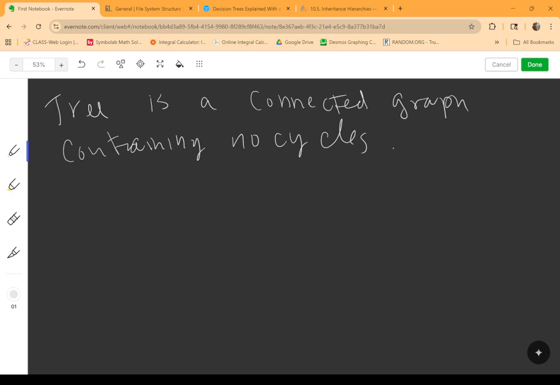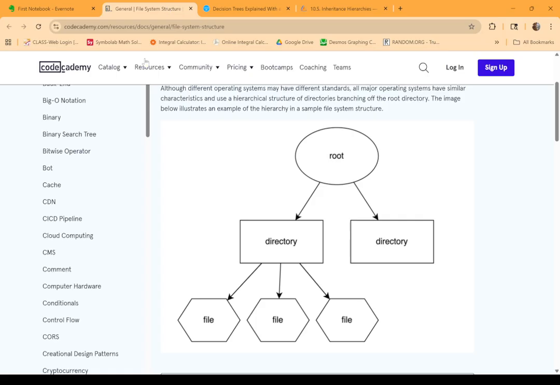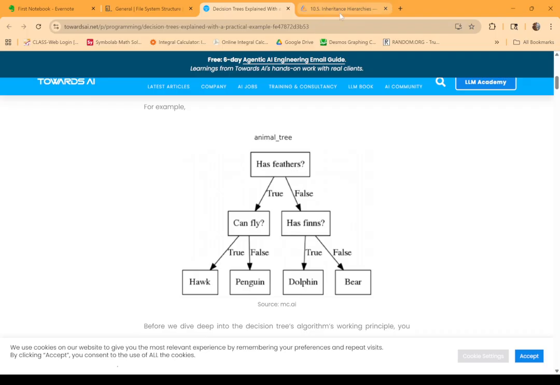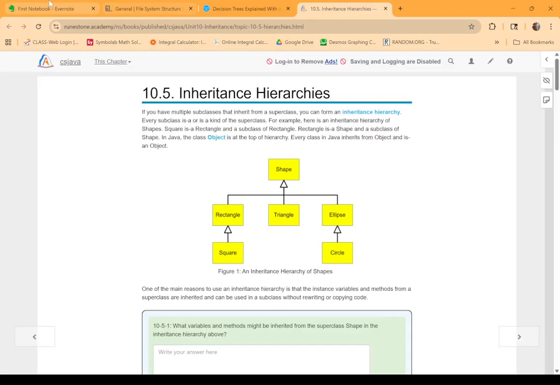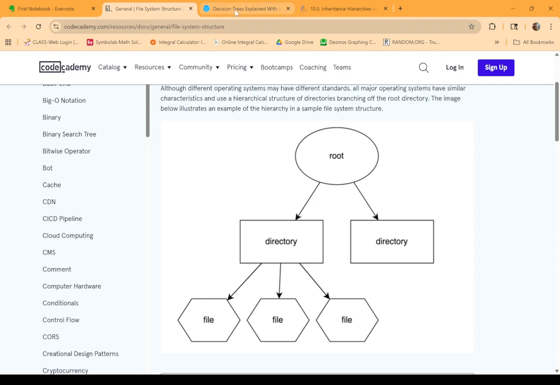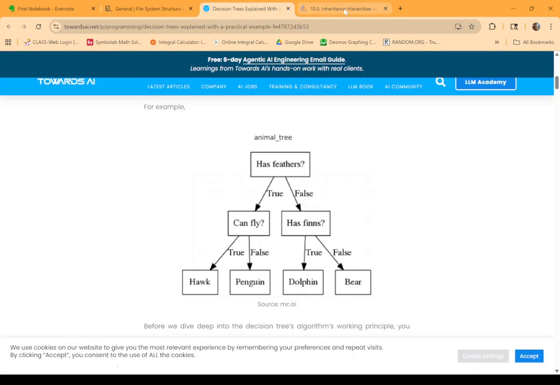where we can start at one vertex and then follow a path of edges and get back to a vertex that we've already visited. And we can see that all of these examples, if we think of these as our simple graphs, have that property. Now these examples that I've shown you here are a particular type of tree called a rooted tree, where there's a particular root that we have, and it all kind of flows from there.